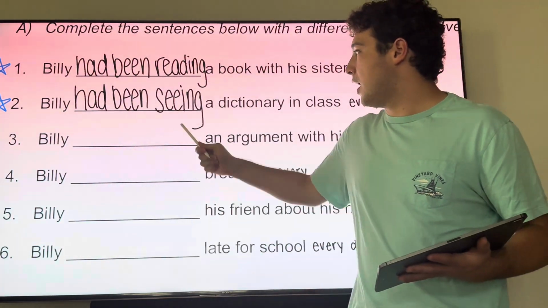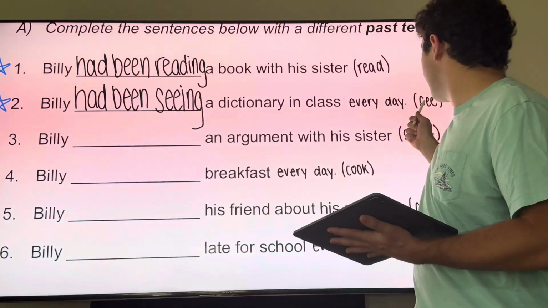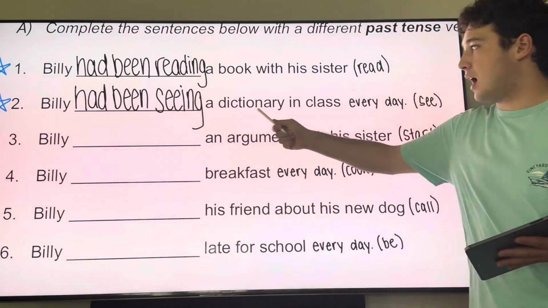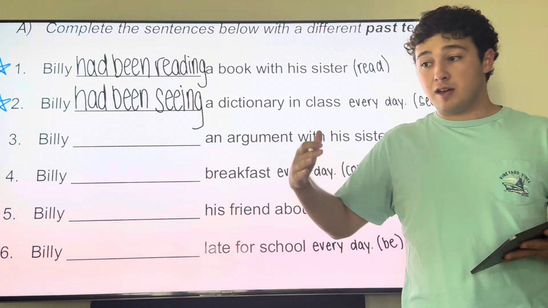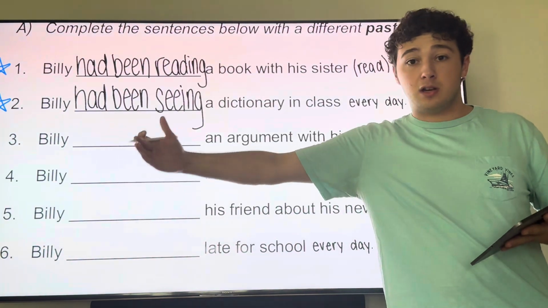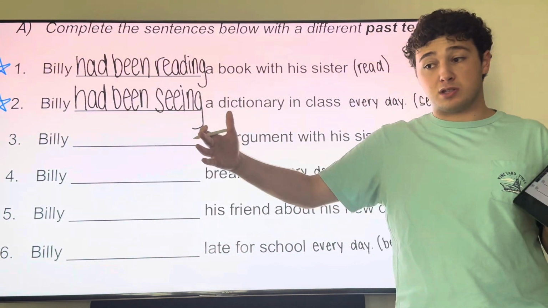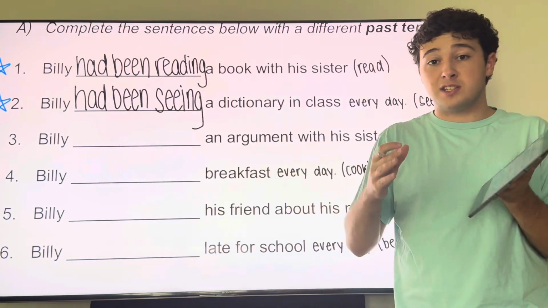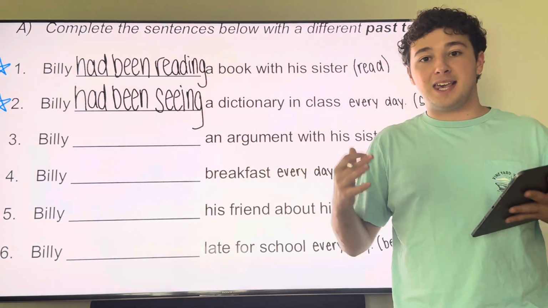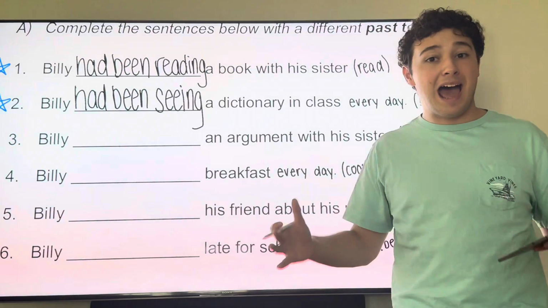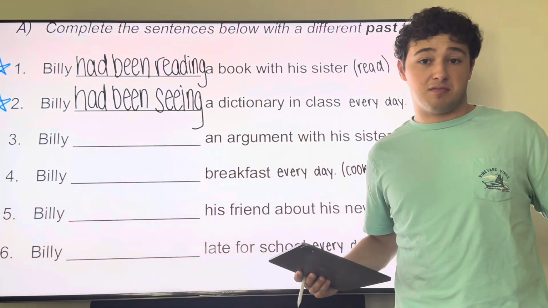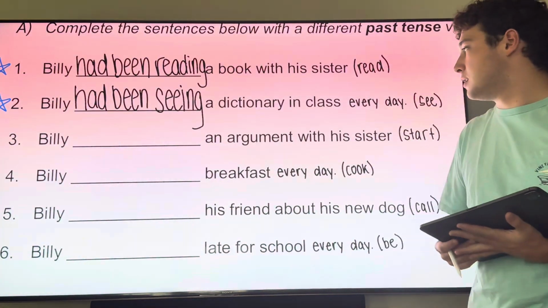Same as before, had been, verb, see, ing, had been seeing. That means that from one point to another point, maybe it was a few weeks, a few days, a period of time, he had been seeing this dictionary, but now he doesn't. That happened all in the past.